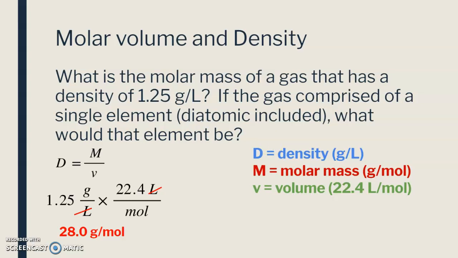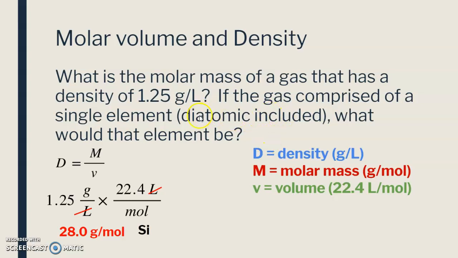Now the second part of that, it says what element would this be, and this includes our diatomic elements. If you were to look at your periodic table right now, you would see that it has silicon with a 28.09 gram molar mass. But silicon is not a gas, so that would not make a whole lot of sense.